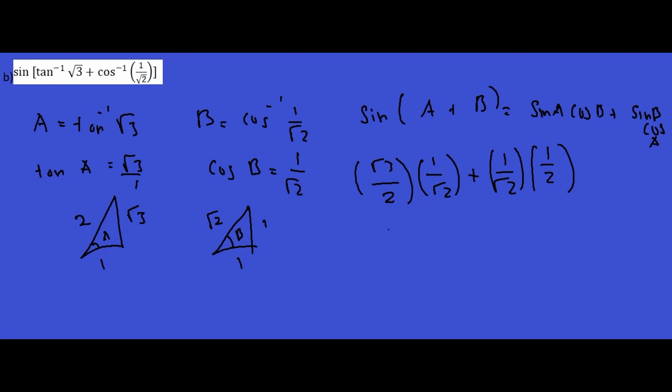So when we multiply, it is sec 3 over 2 sec 2 plus 1 over 2 sec 2. Since the denominator is the same, we can make this a single expression: sec 3 plus 1 over 2 sec 2. So this is the final answer.